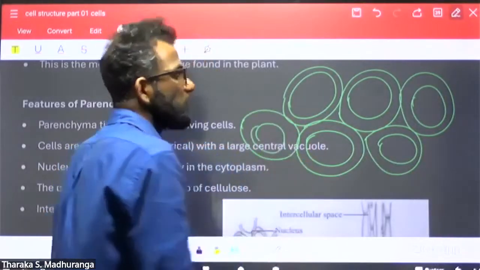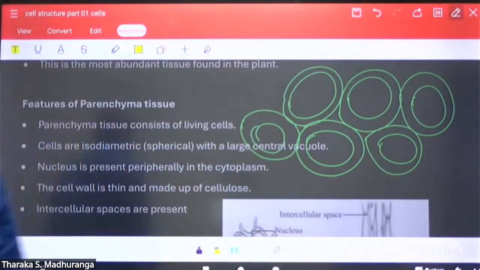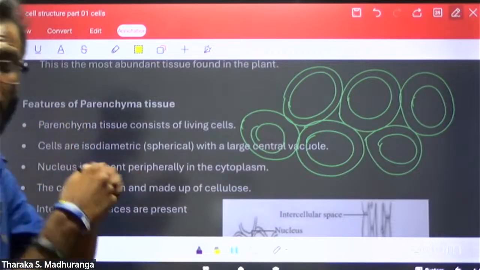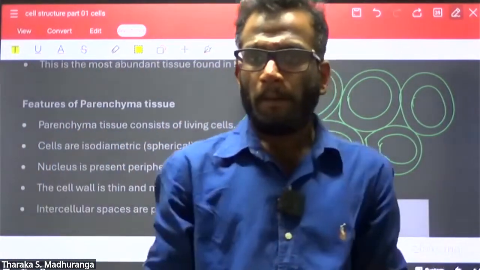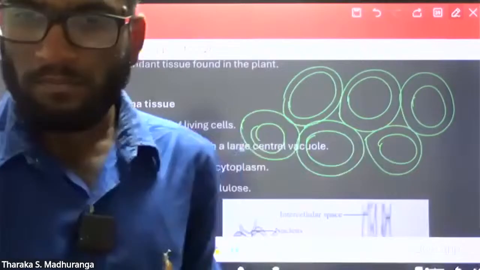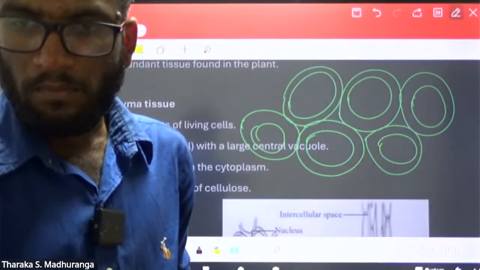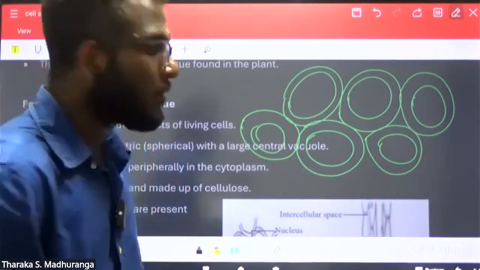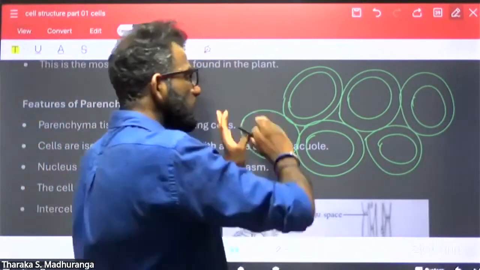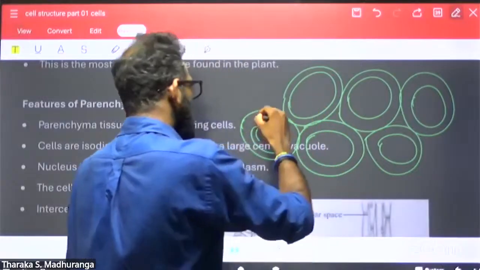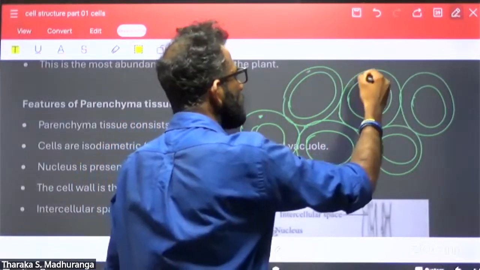That's the parenchyma tissue. The same size, same shape, and everyone has a nucleus.